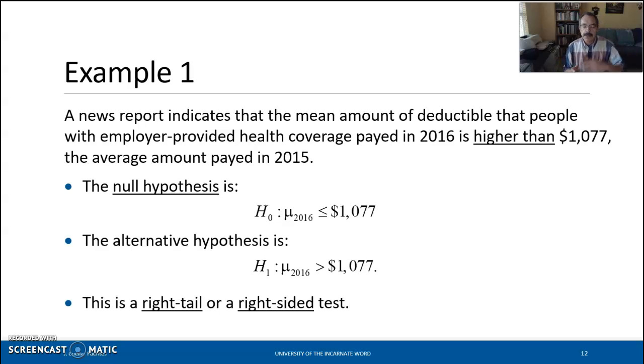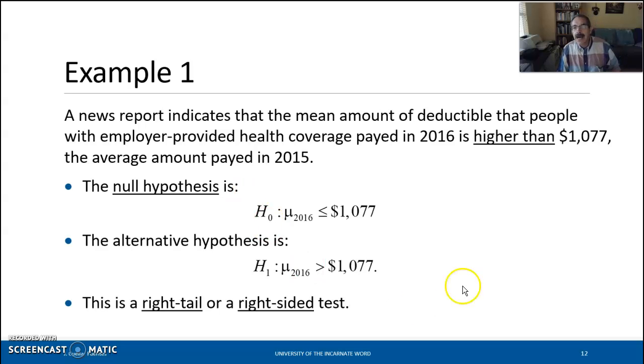Example 1 is the example we started with. A news report indicates that the mean amount of deductible that people with employer-provided health coverage pay in 2016 is higher than $1,077, which is the average amount paid in 2015.